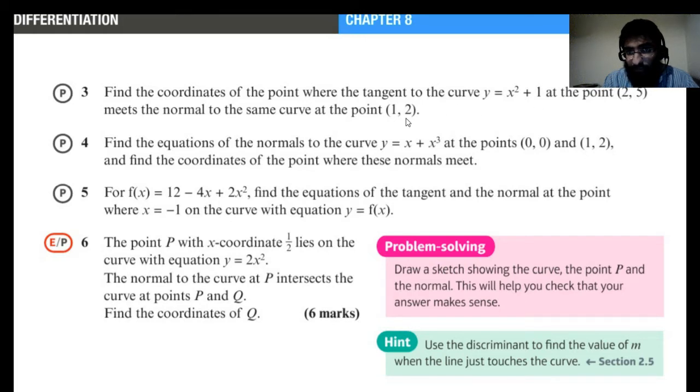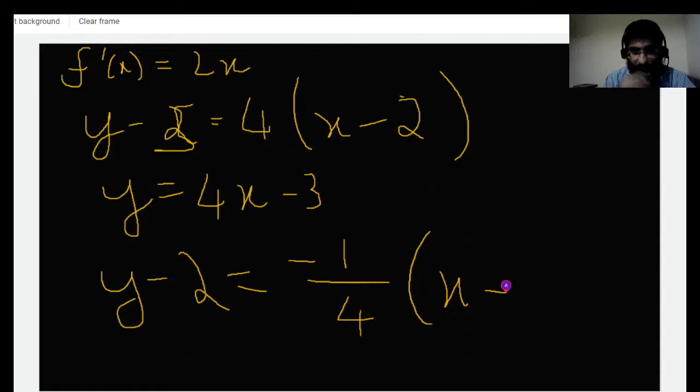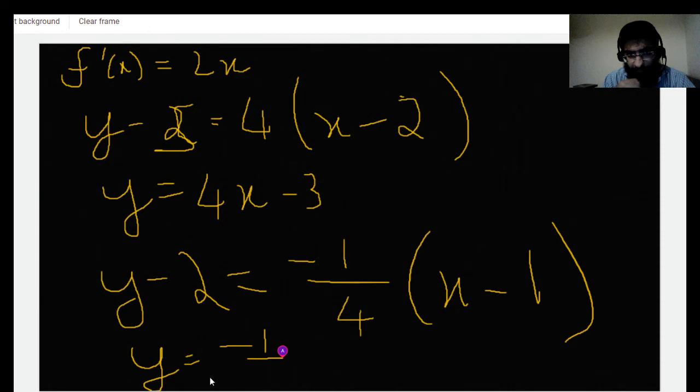The normal is at 1,2. So I'll put y minus 2 is equal to minus 1 by 4 times x minus 1.